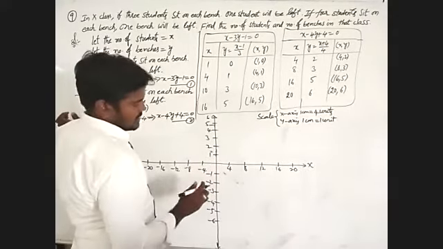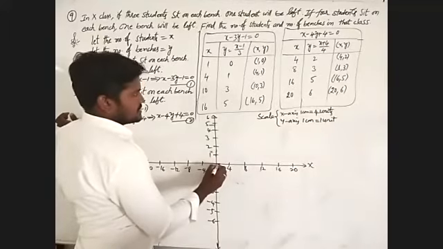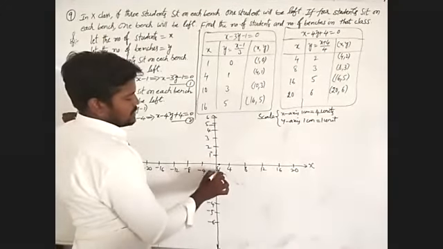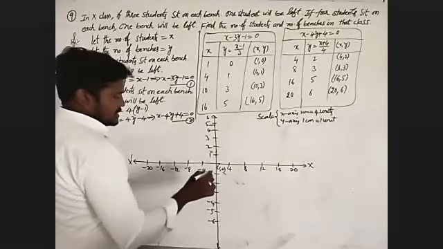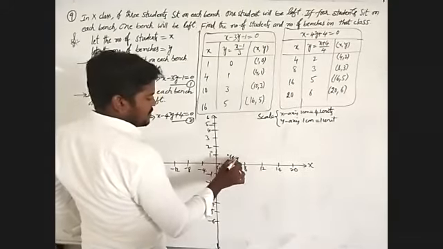That becomes this value. This lies in 1, 0. That lies in x-axis where y coordinate must be equal to 0. After we'll take 4, 1. This is 4, this is 1. Must take this place 4, 1.